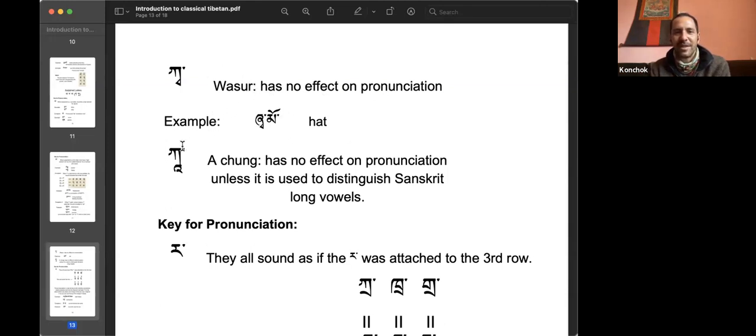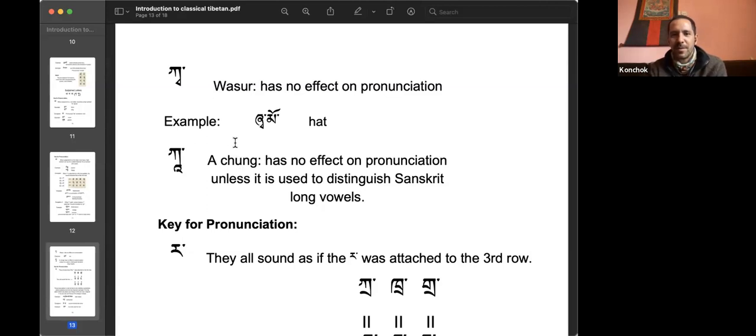So we only have, I guess, two left on the subscribed letters. This is called achung, because this is a little a. Chung means small. So achung means the little a, because you make it little and then you stick it underneath the letter that you're modifying.